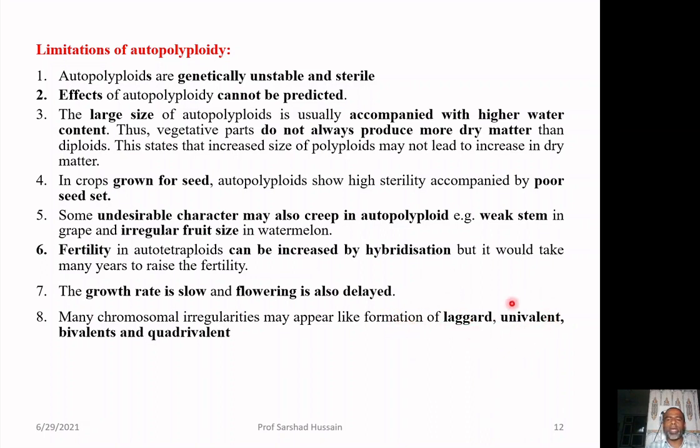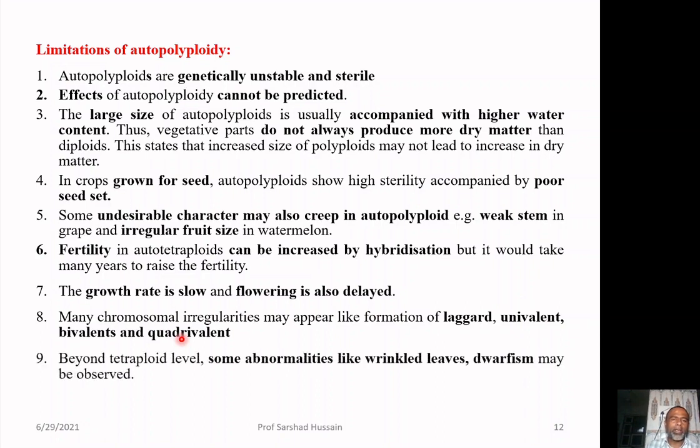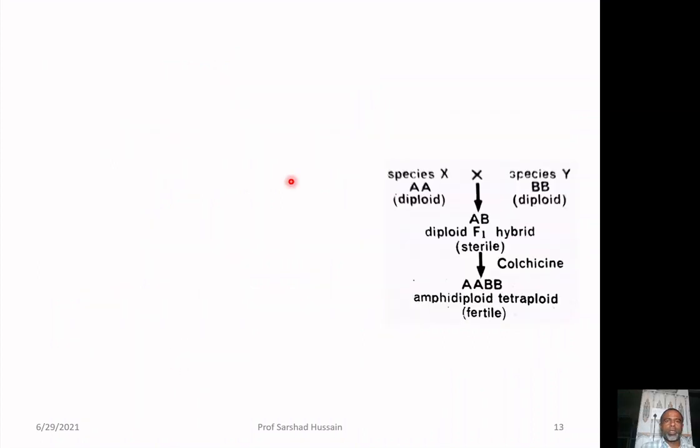And sometimes you may have univalents, sometimes bivalents, sometimes quadrivalents, and so forth. And autopolyploids beyond autotetraploid will show abnormalities like wrinkled leaves, dwarfism, etc. It means autopolyploids above the level of tetraploid are not advisable at all.